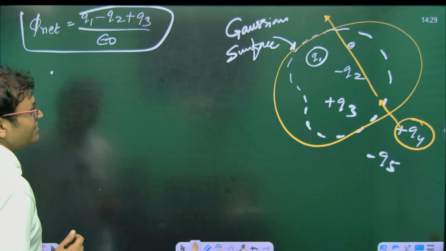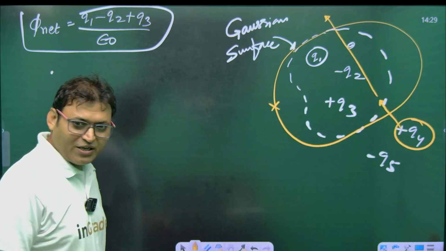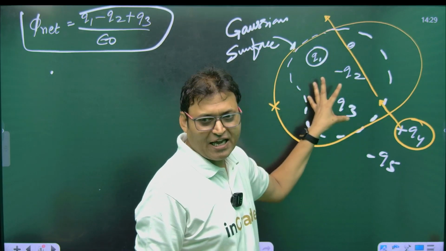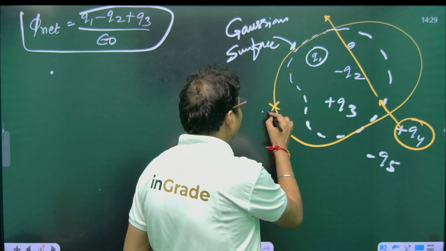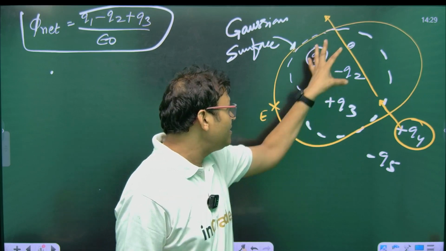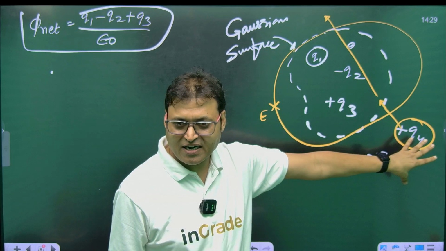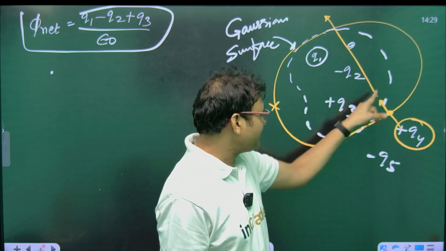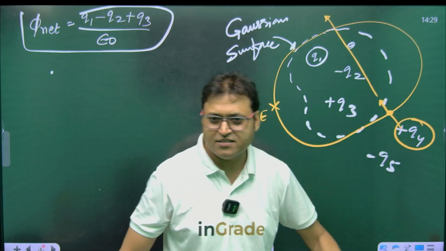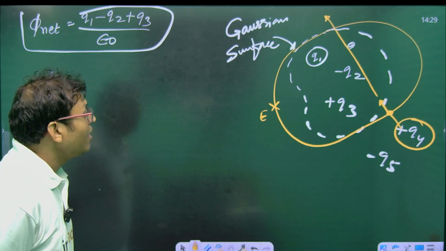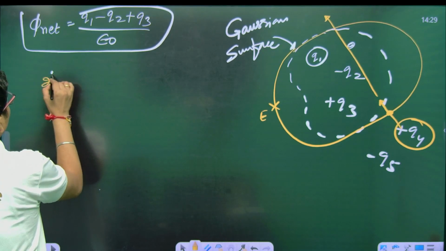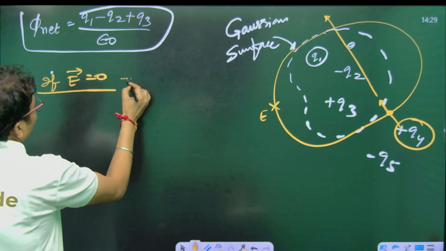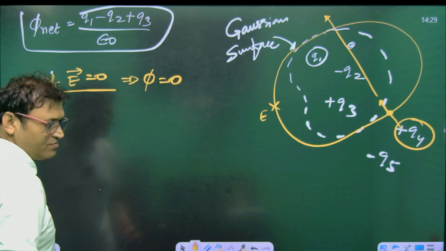Now another property: for the Gaussian surface, the flux depends only on the charge enclosed by the surface, but if we want to calculate the electric field, it depends on the charge enclosed as well as the charges which are outside. The electric field here will depend on the charges inside the surface as well as the charges outside the surface. And if E is equal to 0, if there is no electric field, we can say phi will be equal to 0.